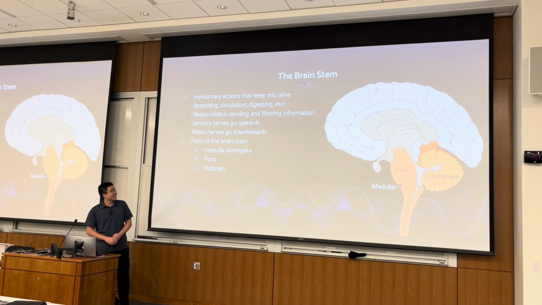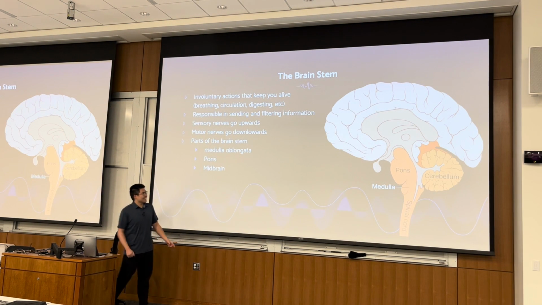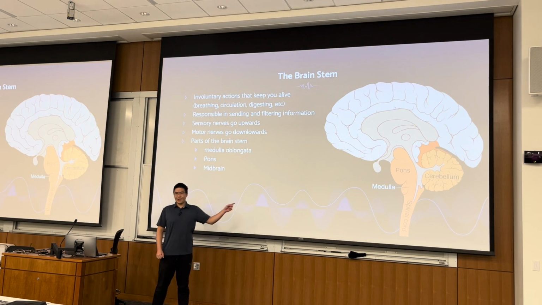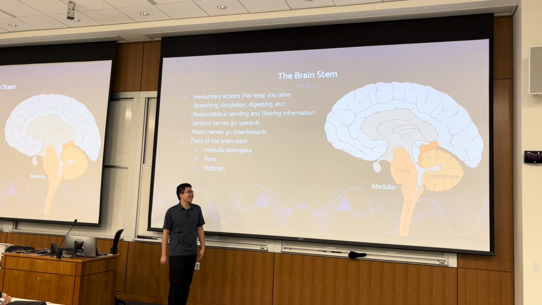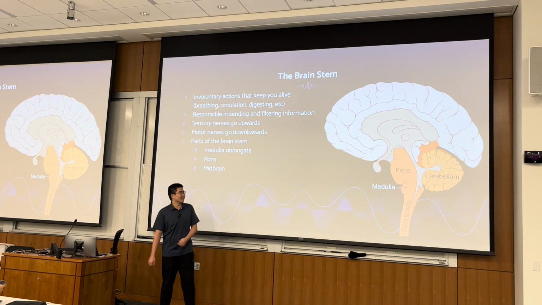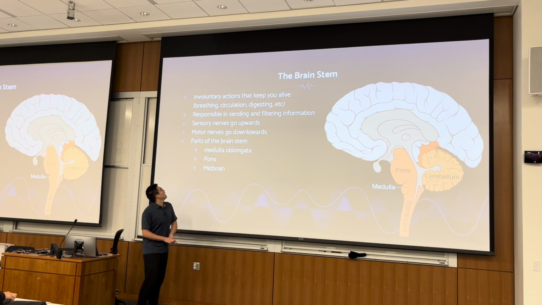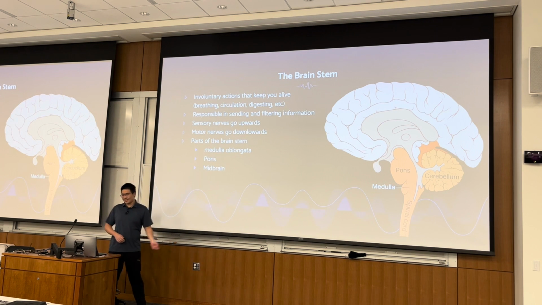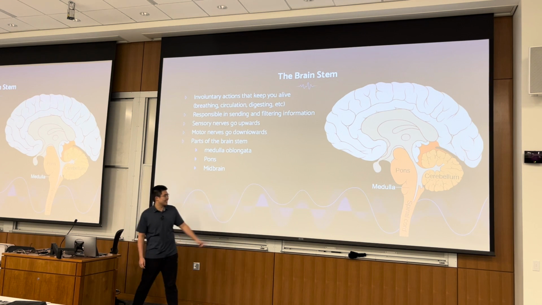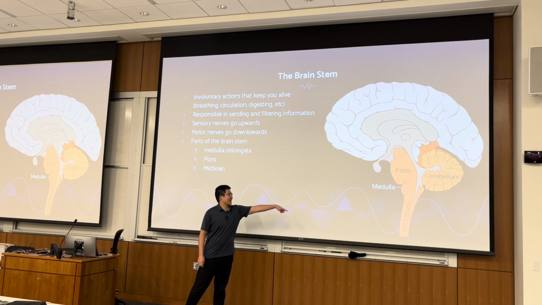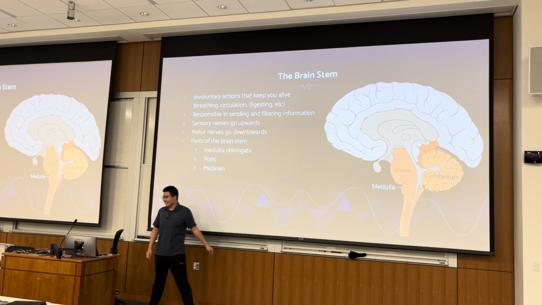So the brainstem. This is probably the oldest part of the brain, the part that first evolved. Basically it performs our involuntary actions such as breathing, circulation, digesting, and it's also responsible for sending and filtering information. As you can see, it's connected directly to our spinal cord.